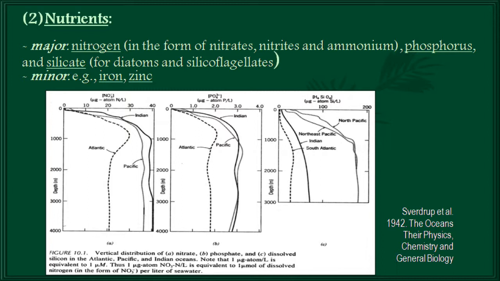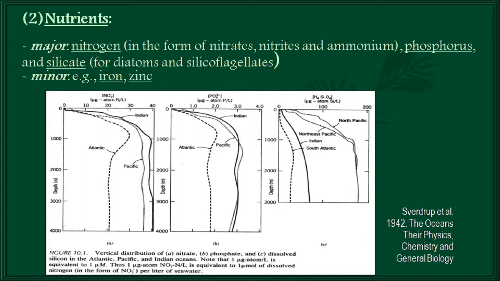There are also different distributions looking at different ocean types, Atlantic, Pacific, or Indian. There are slight differences. However, the main pattern, wherein there are low nutrients up the water column and increased nutrient concentrations in the deeper parts of the water column, remains through the different oceans.